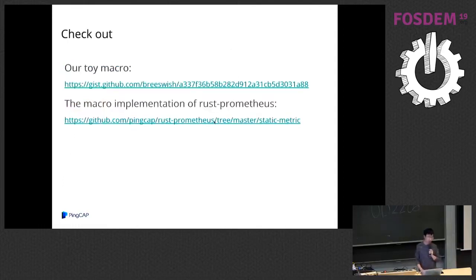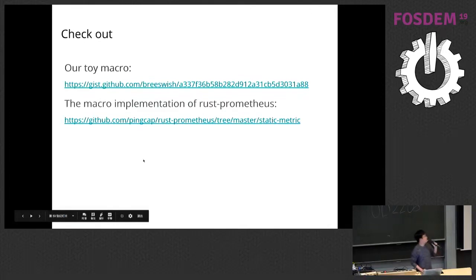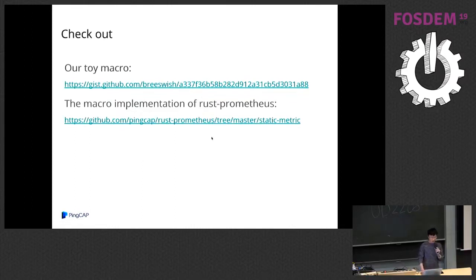For more information, you can check out these two links. For our toy macro, you can check out this gist, and for the full implementation using Rust Prometheus, you can check out this link. It's a pretty complex implementation because the macro provided in Rust Prometheus provides many functionalities.